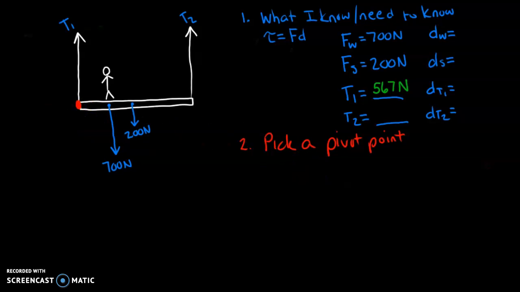Okay, so now I can set my distances. The distance from T1 to my washer is now 1 meter. From T1 to my center of mass is still 1.5 meters. And from T1 to T2 now is our 3 meters, and T1's own distance is 0.